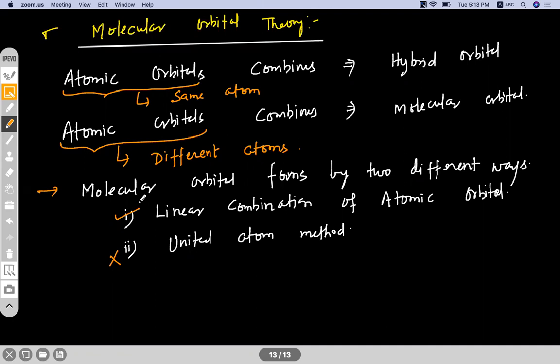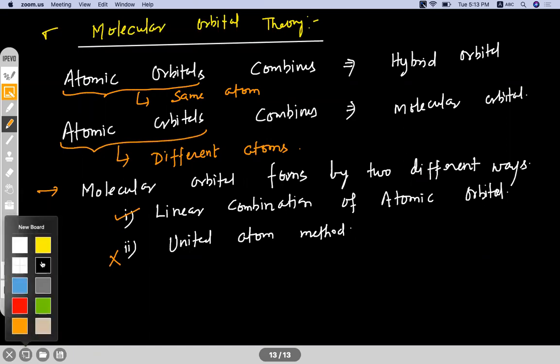Okay, now linear combination of atomic orbitals. I'm writing it down.